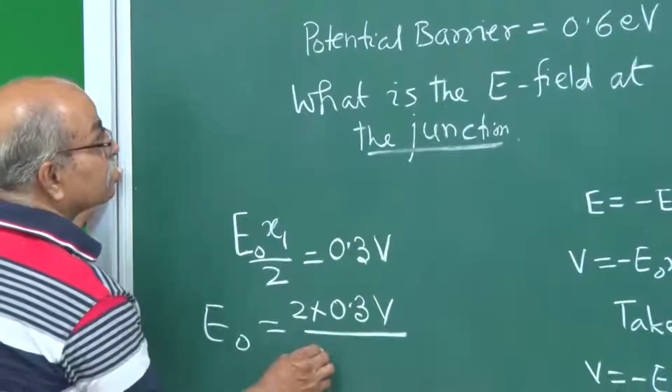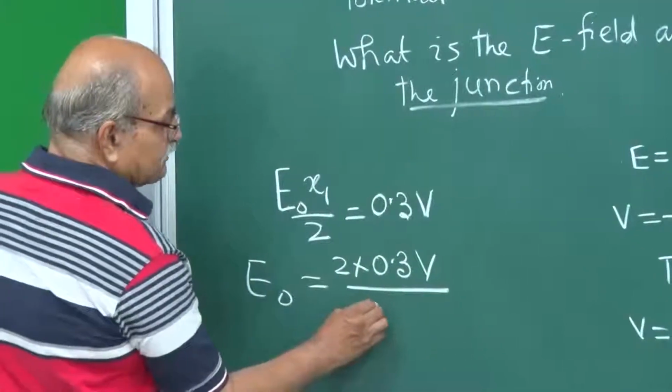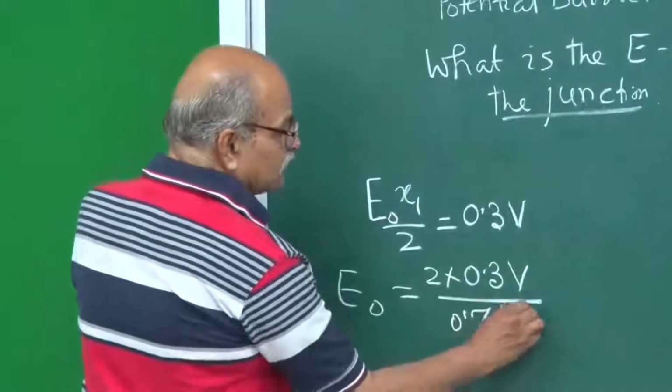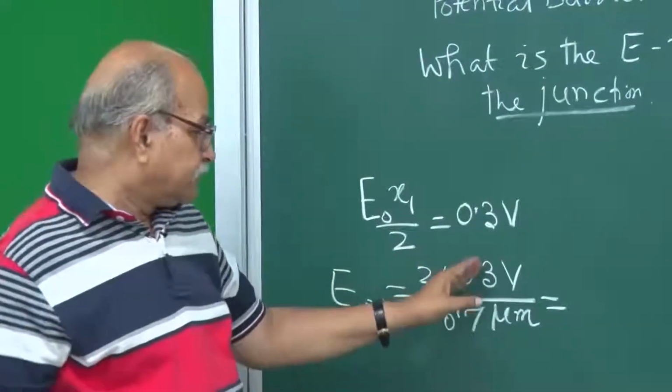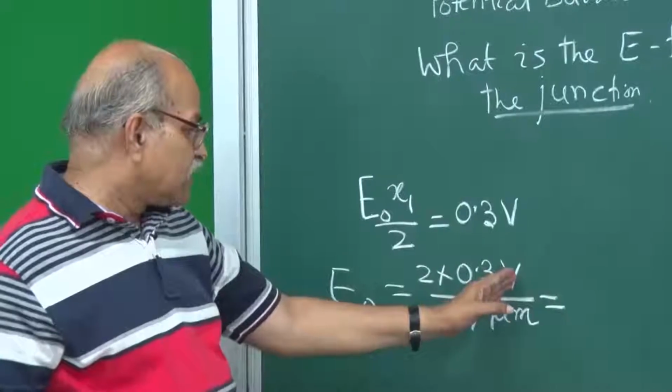And how much is x1? x1 is 0.7 micrometers. So that is the electric field. You can write it in terms of volts per meter.